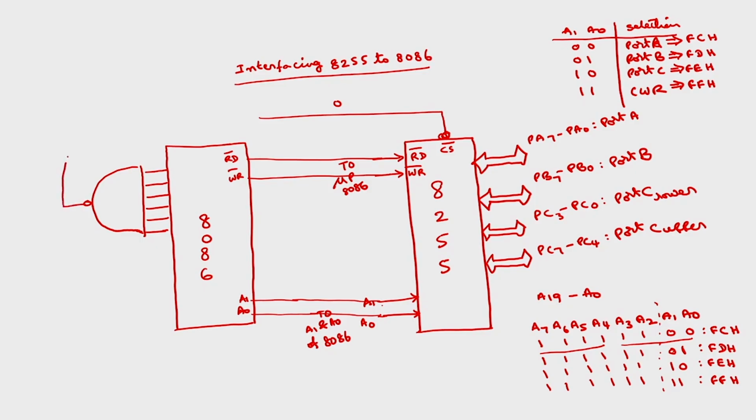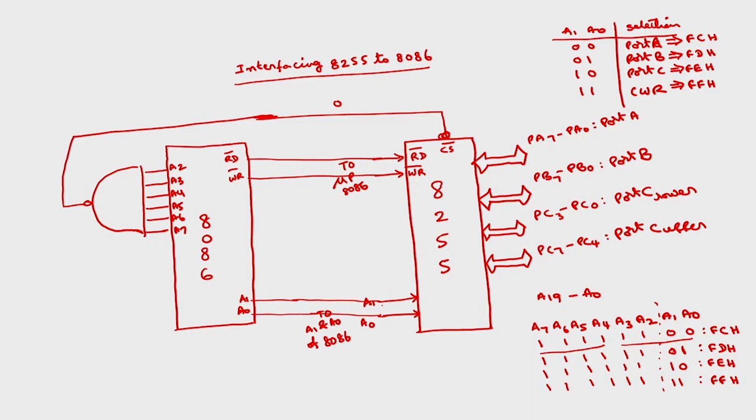You connect the output of this NAND gate to the chip select of this. This is A2, A3, A4, A5, A6, A7. For the NAND gate, if all inputs are ones, then only the output is 0.